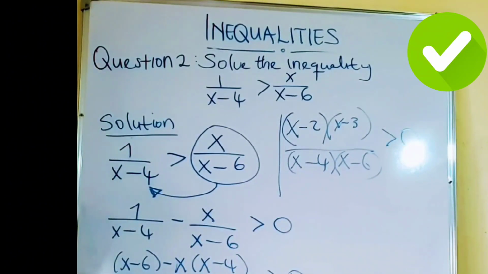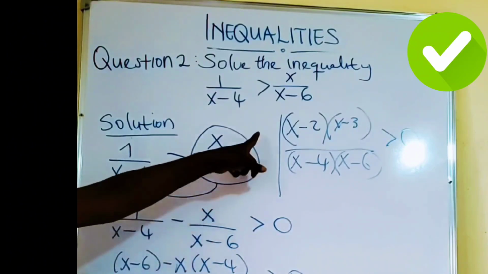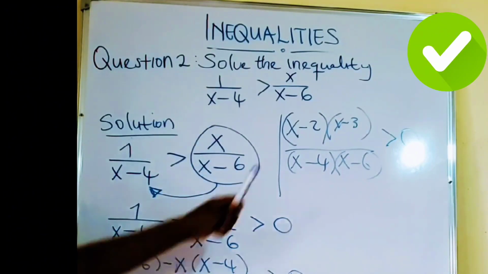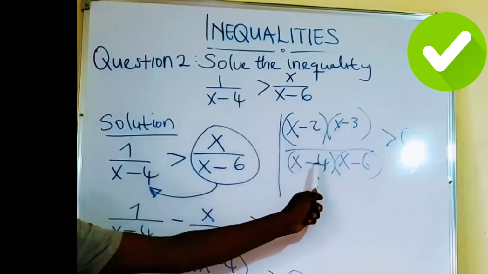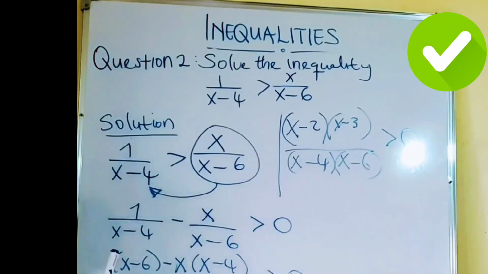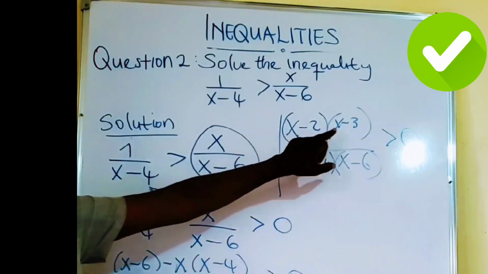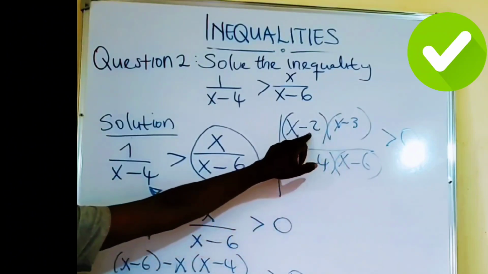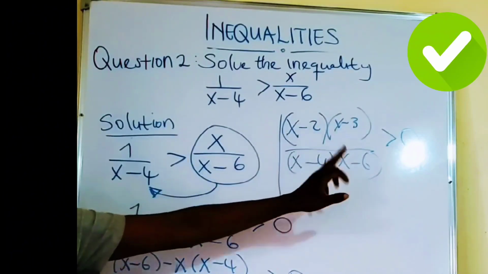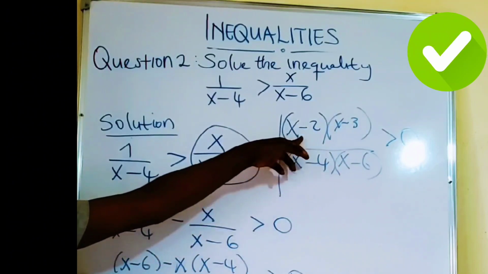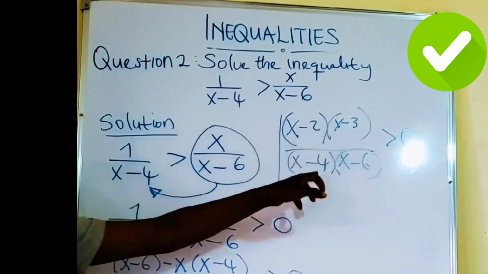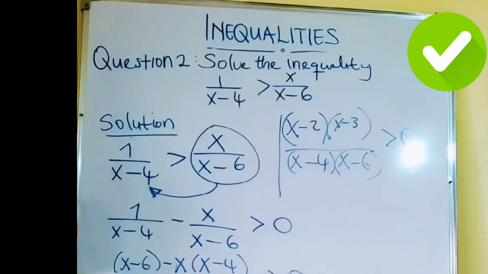Now, this is what we have after simplifying. From here, we get our boundary values. So, our boundary values will be 2, 3, 4, and 6. Like, what's x here? X should be equal to 2 here, x is equal to 3 here, x is equal to 4 here, and x is equal to 6 there.